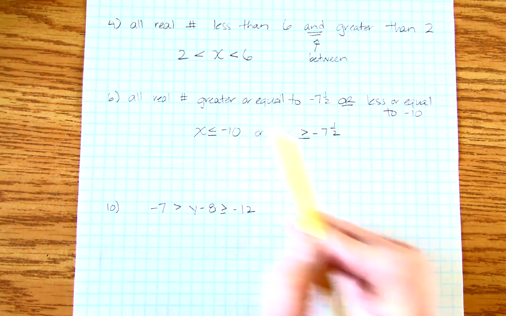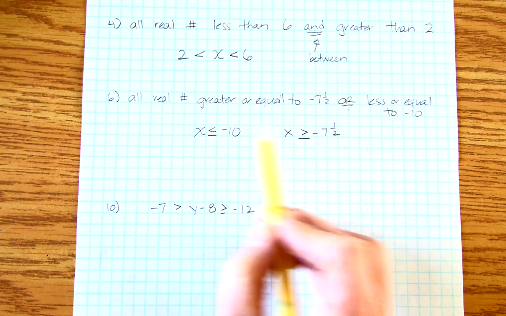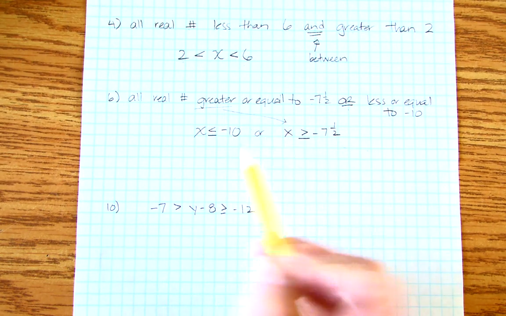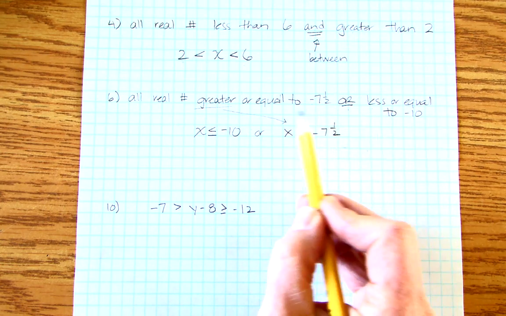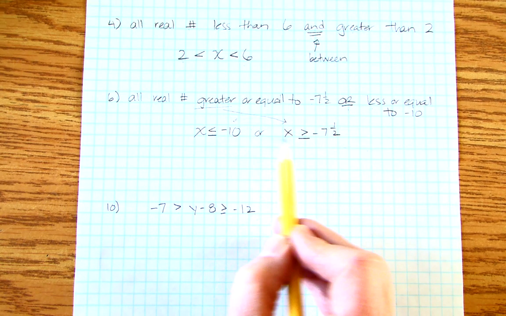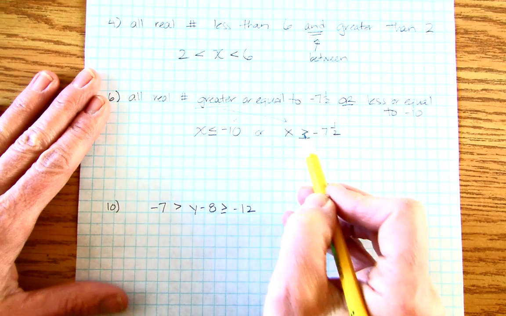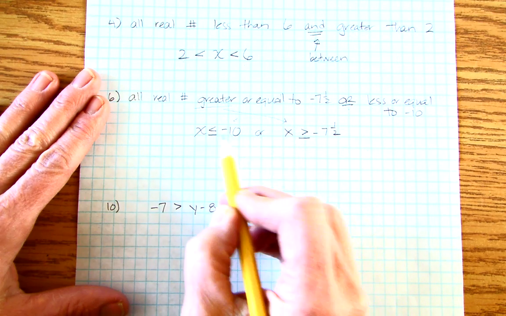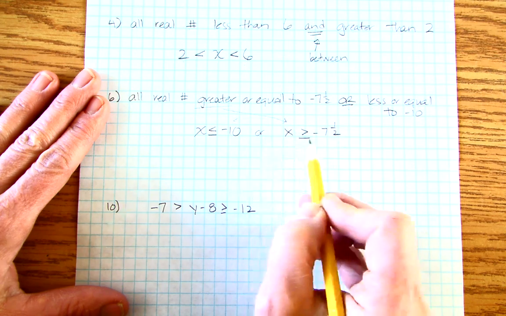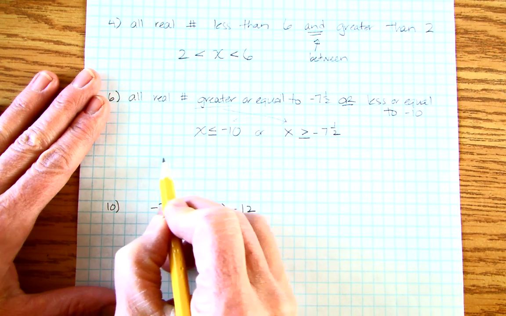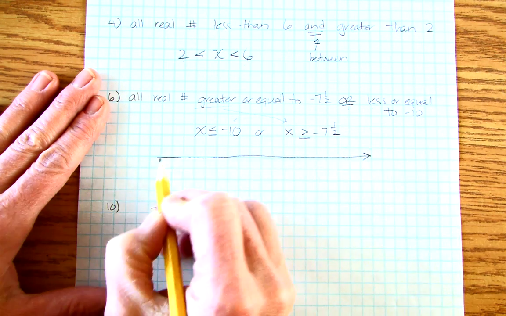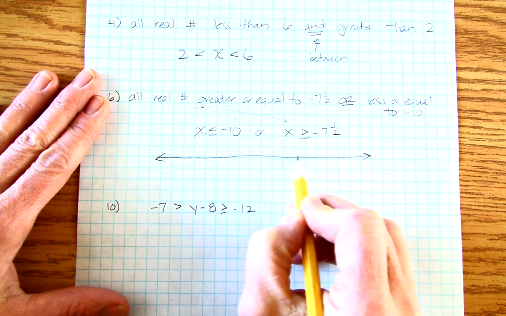Less than is going to go this way, and the greater than statement tends to the right. There are no numbers that are both less than and greater than negative 7.5.